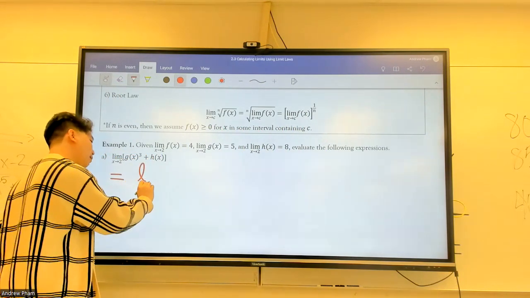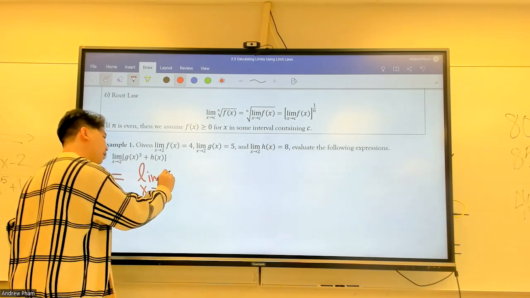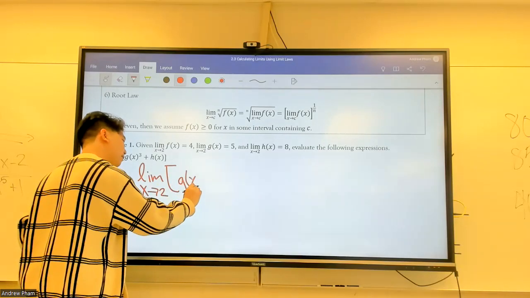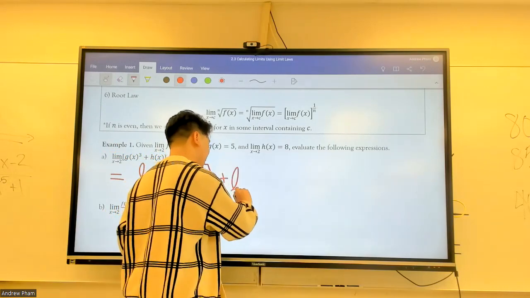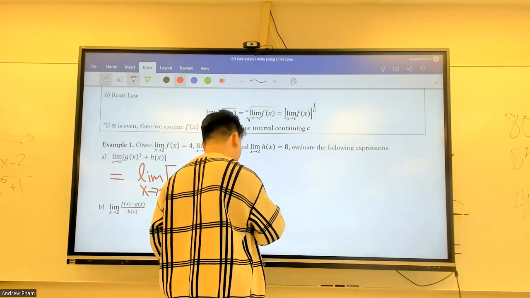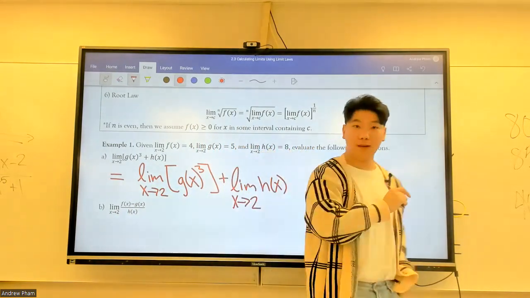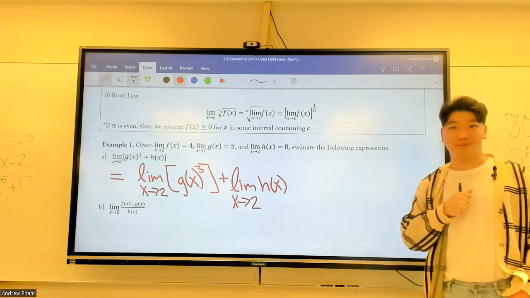In other words, I can write this as the limit as x goes to 2 of g of x cubed plus the limit as x goes to 2 of h of x. So this is just me applying my sum law.